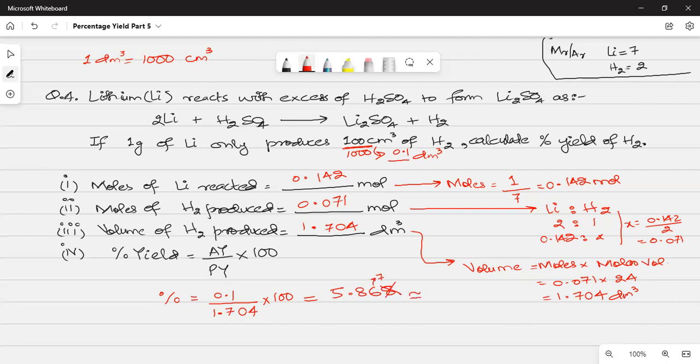So really, it would actually be 5.87% to be the correct answer. Like you said, it's necessary that we have to round off, right? Yeah. But you only do it with the final answer, none of the previous steps. It has to be the last step that is rounded off to three significant figures. All right. Okay.